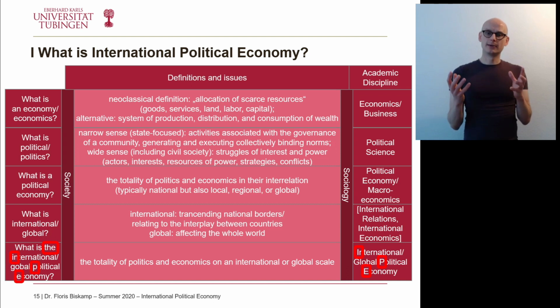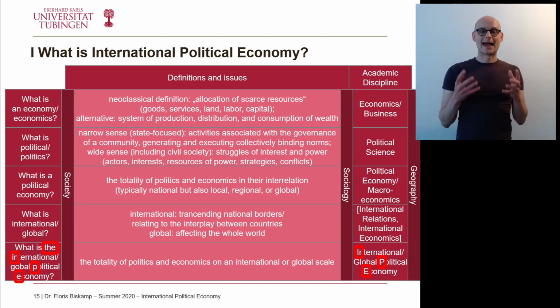So you oftentimes have to include perspectives from sociology. And another discipline that has been becoming more and more important to international political economy over the course of the last couple of years is geography, because processes of international political economy are often affected by the geographic context in which they are happening.